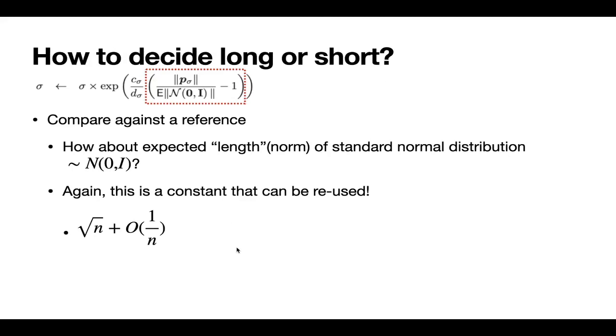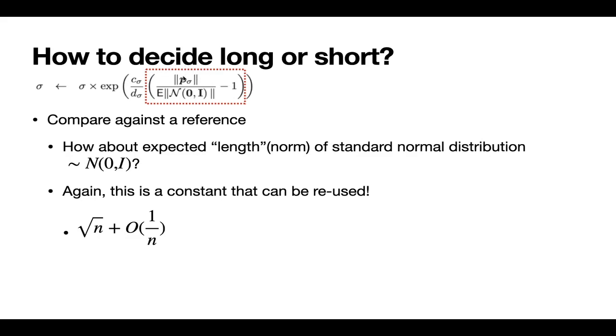And given this reference, CMA-ES compares the reference against the vector sum of the evolution path according to this equation. So as you can see, the denominator here is the expected length of the sampled vectors, which we had just been talking about. And the numerator here is actually the length of the vector sum of the evolution path, which we're going to talk about in the next slide.